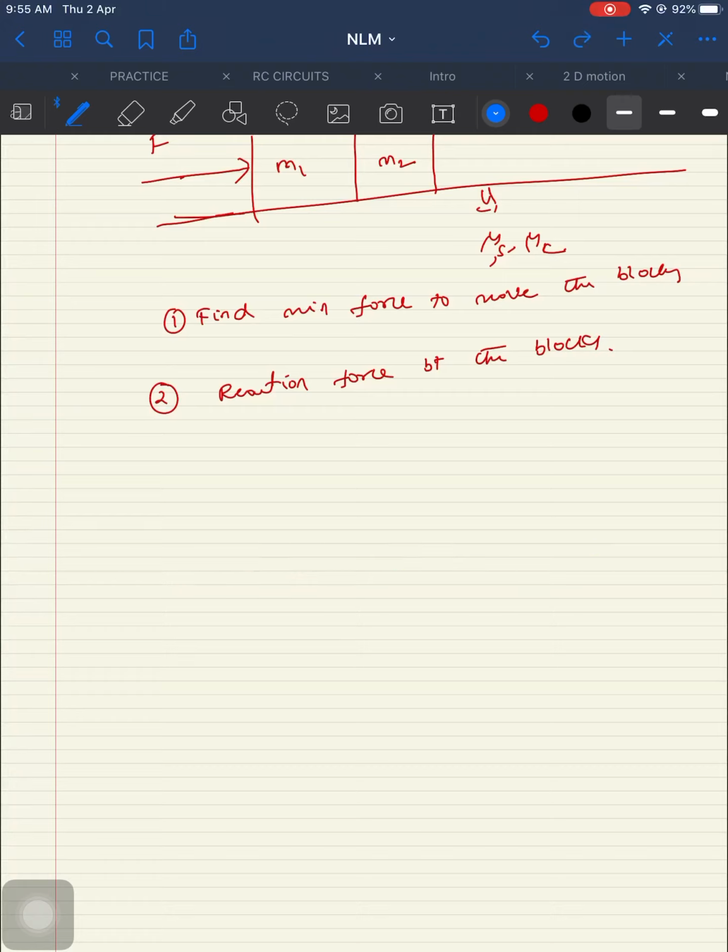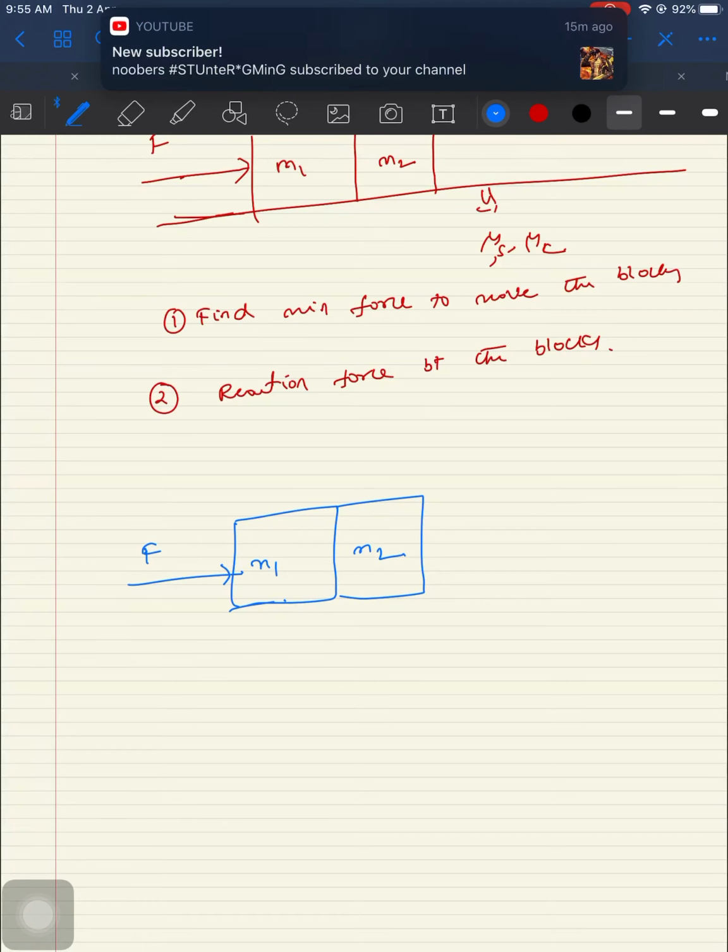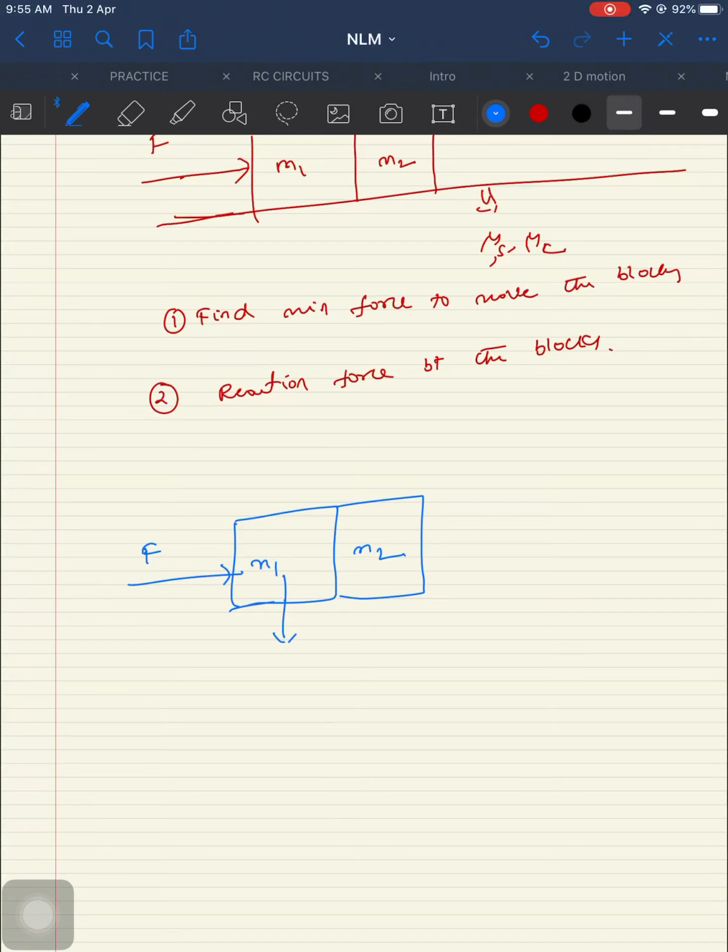When finding the minimum force required, we need to draw the free body diagram. Two objects are there, m1 and m2. There is an applied force F and there is a friction. Before writing the friction, first let's draw the normal.